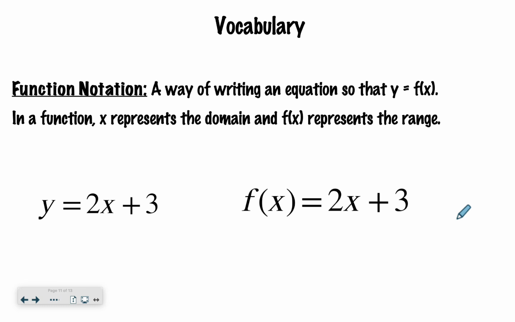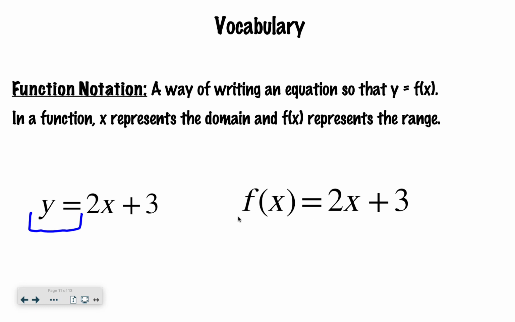Let's now move on to our last idea for this section. So something called function notation. Sometimes it's just easier to call it a fancy way of writing y equals, okay? So here you can see, you're probably used to seeing things where it says y equals something.